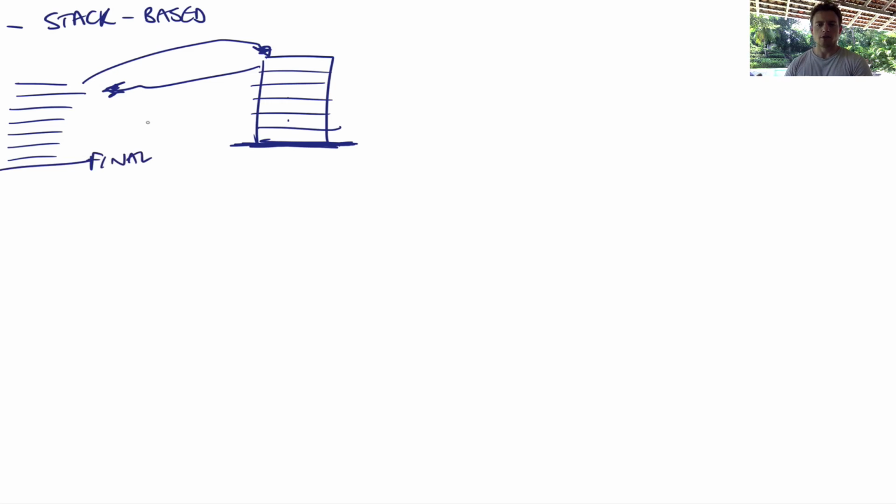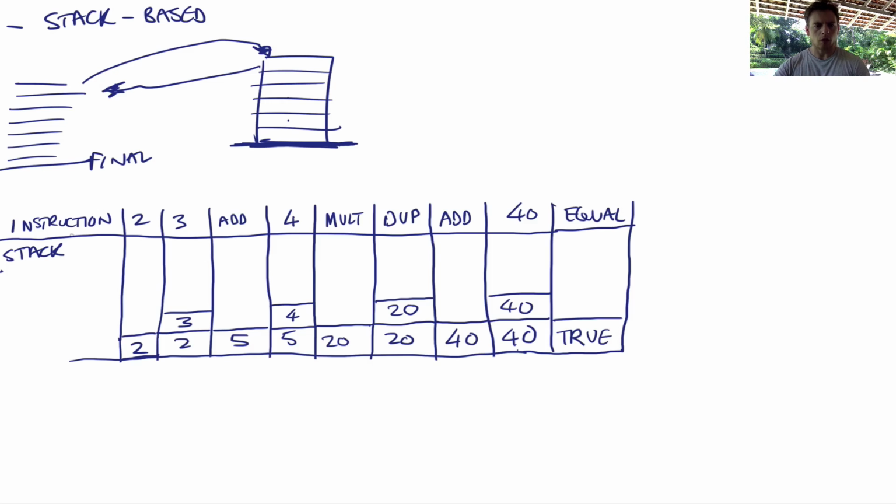So I'm going to give a very simple example here of a script execution, and show you at each point what the stack looks like. So here we go. I've listed the instructions horizontally instead of vertically. So we have 1, 2, 3, 4, 5, 6, 7, 8, 9 instructions.